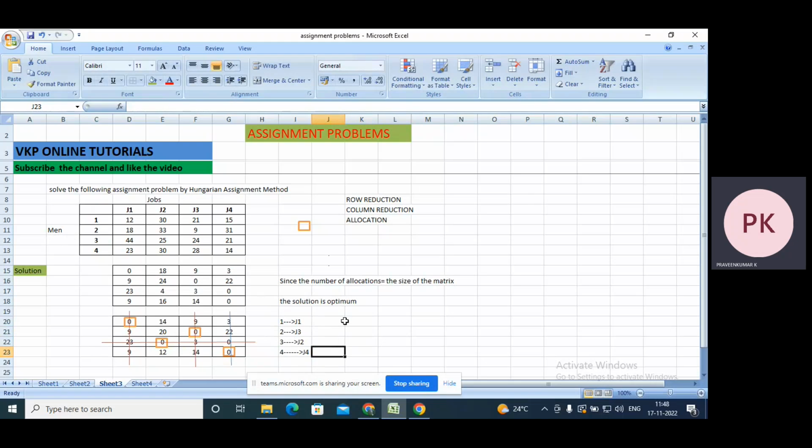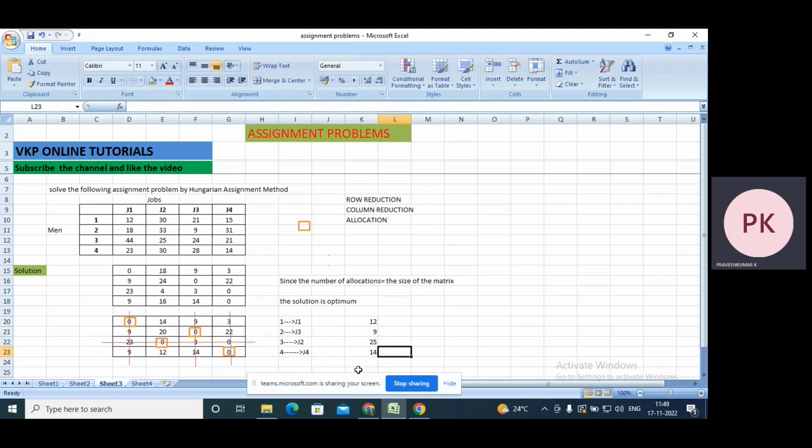So what about the optimum cost? See 1 to J1 is 12 rupees, and 2 to J3 is 9 rupees. Then 3 to J2 is 25 rupees. Then 4 to J4 is 14 rupees.